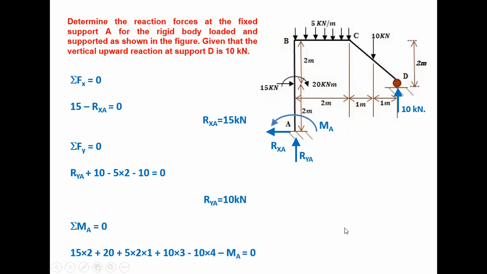Good. Now how to take moment about A? So see here, the first term of this moment equation is 15 into 2. But before understanding these terms, let's do our first job. Our first job should be to assign a sign convention, right? So let's choose a sign convention.